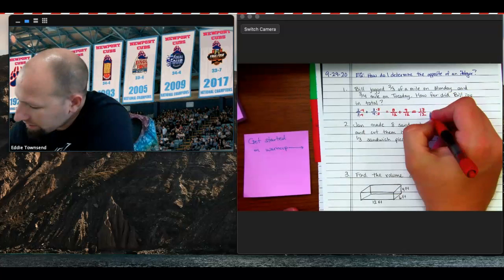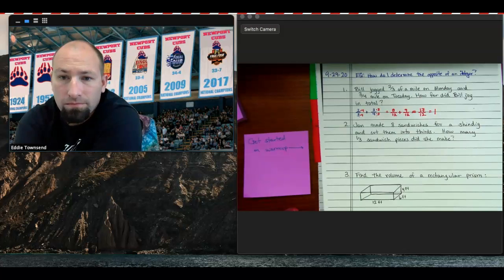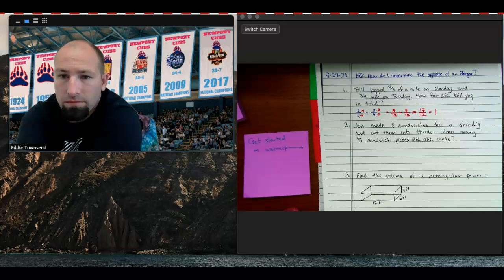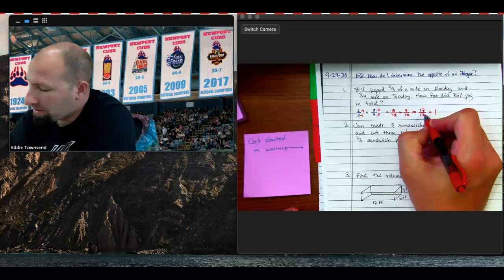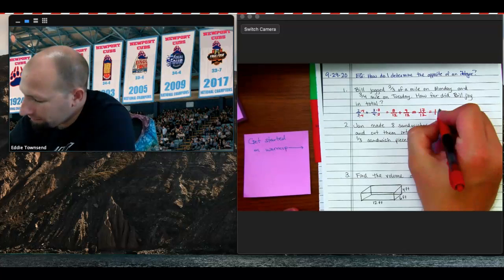So that means we ran more than 1 mile, or we have more than one whole pizza. We actually have one whole pizza plus what's left over. So if we subtract, say, one whole pizza would be 12/12. What's left over? 5/12.